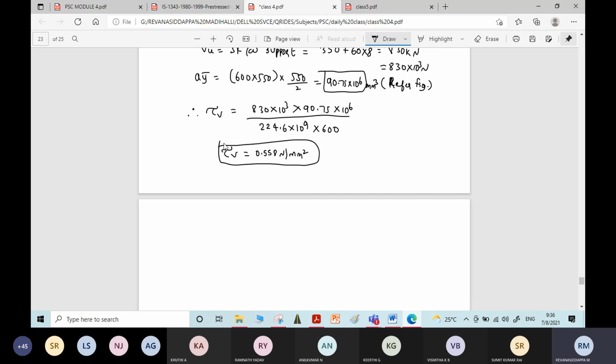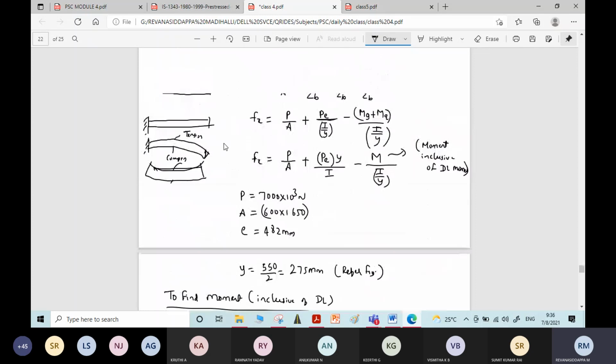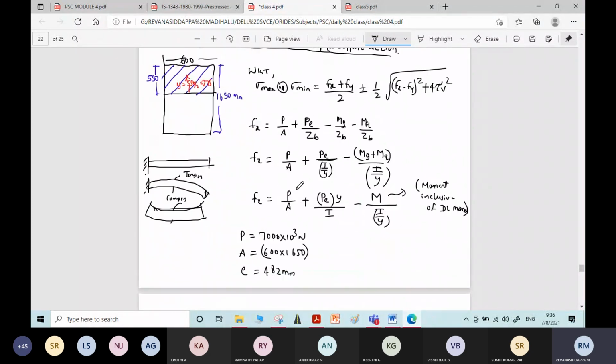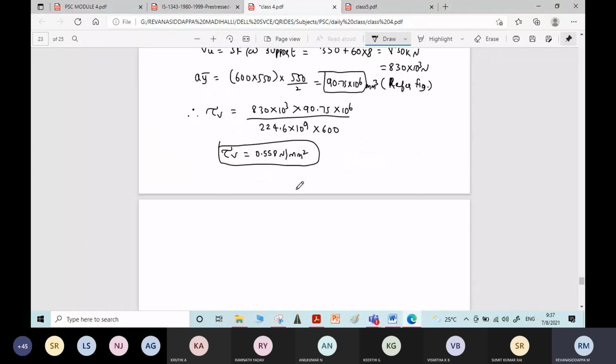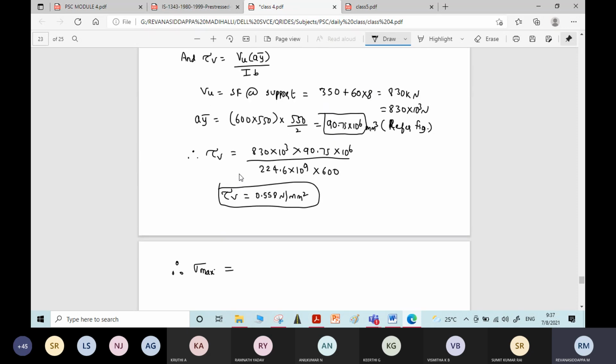Now all the parameters required to calculate principal stresses are known. Just substitute and get the answer. Sigma max is equal to (Fx plus Fy) divided by 2.